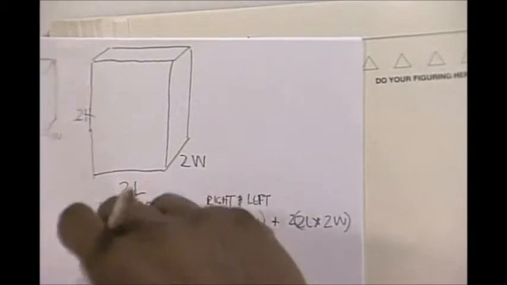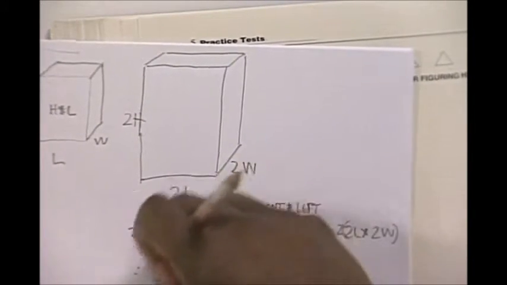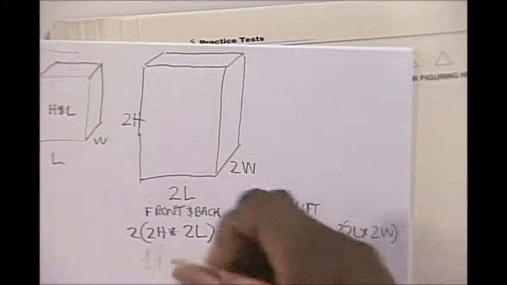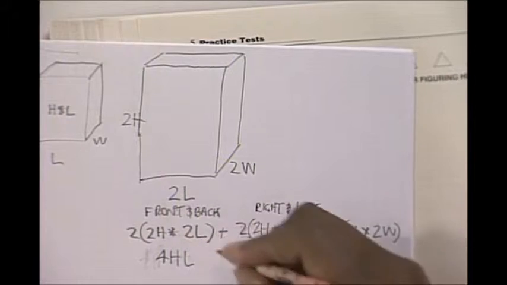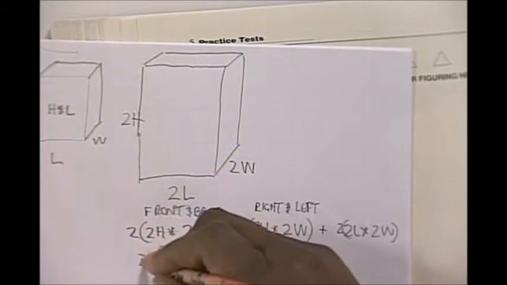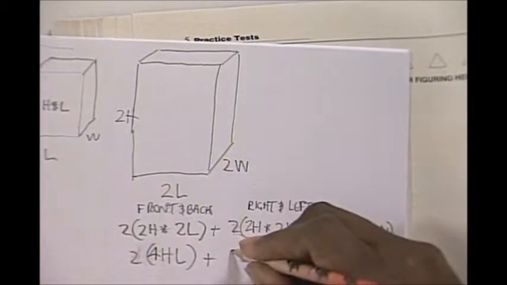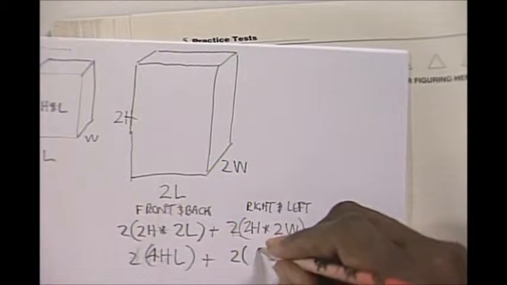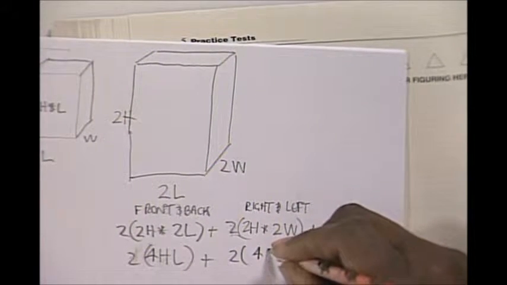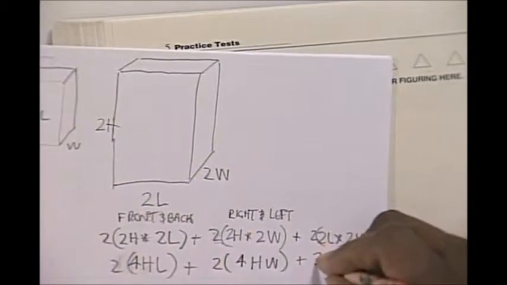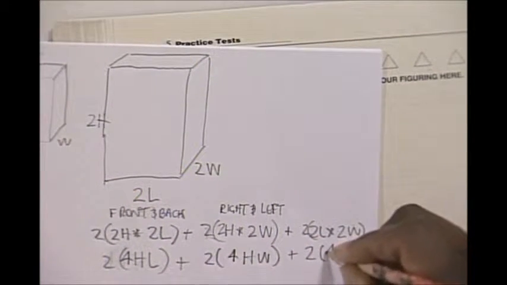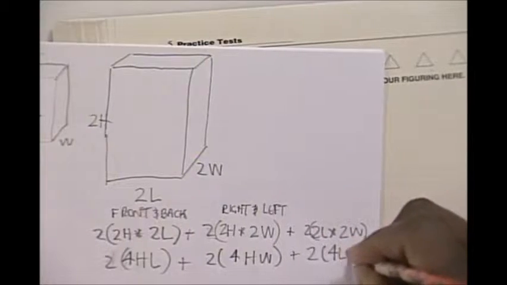Excuse me, I'm sorry. Forgive me. You'd end up with 4 times the height times the length, times 2, added to 2 times 4 times the height times the width, plus 2 times 4 times the length and width.